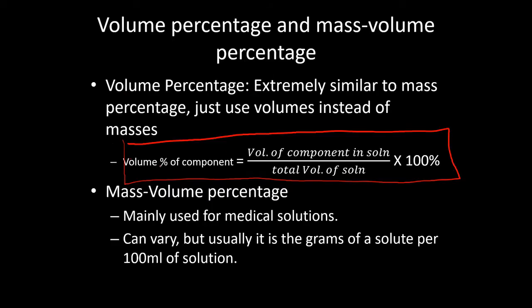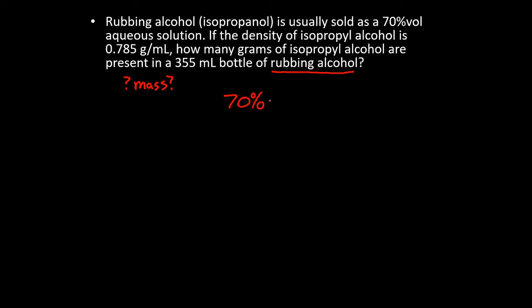So if we think about that in terms of our equation back here, we have 70% isopropyl. I'm just going to say 70% iso, just so I don't have to write the whole thing every time. And we're told that we have 355 mL of everything.